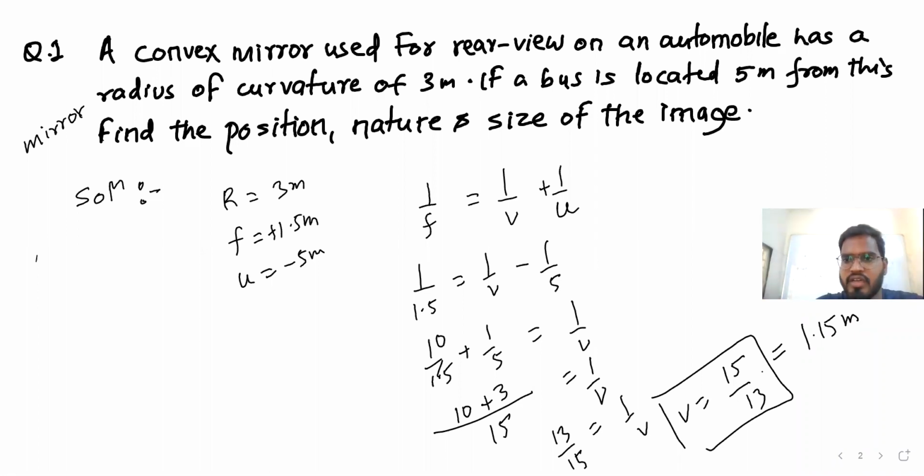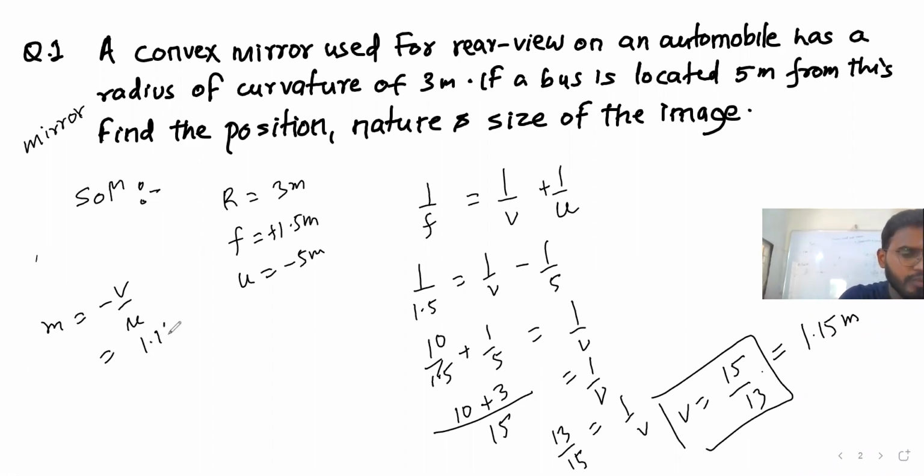Now they're asking to find the position, nature, and size of the image. For that, first we'll have to find the magnification. Magnification is minus v by u. v is 1.15 here, and u is minus 5. Since u is negative, it is going to be positive.